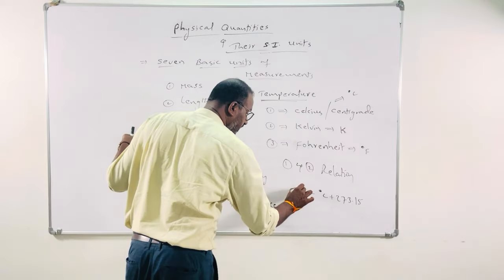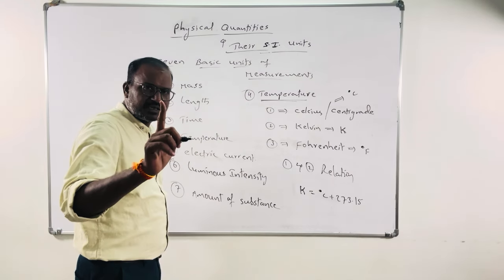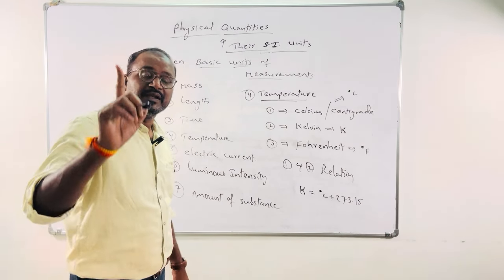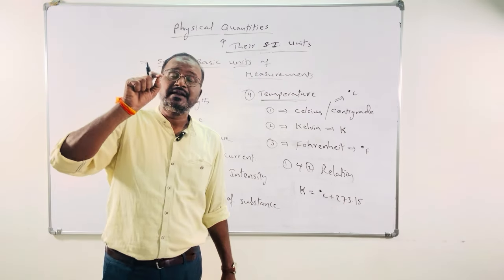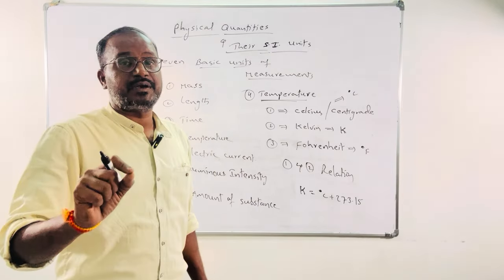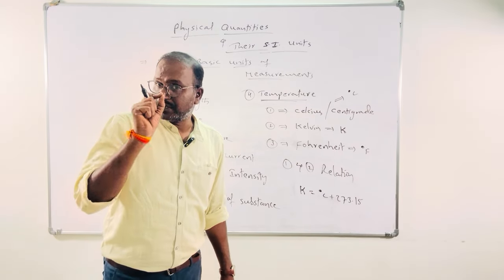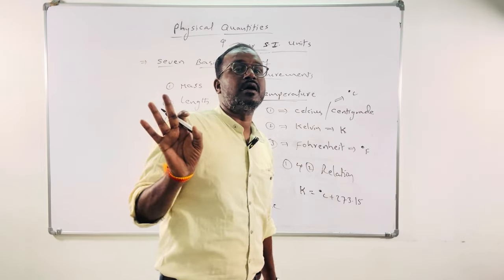If the temperature is measured, it must be taken in Kelvin only for numerical calculations, even though it is given in degree centigrade. Why? Because we should not take temperature in degree centigrade units for calculations. If you do that, you will get the wrong answer.